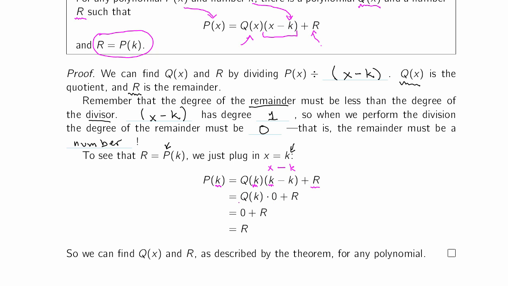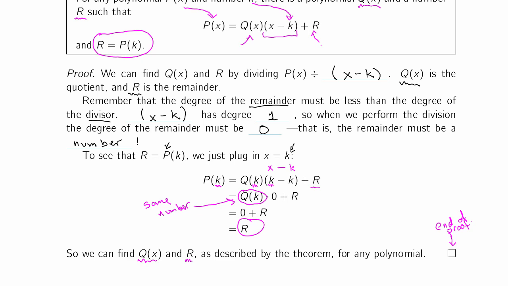So whatever q of k is, some number, we have some number times 0 plus r. Well, any number times 0 is 0. So we just have 0 plus r, which is r. So that shows us that if we have any polynomial and any number, we can find the q of x, another polynomial, and the r, just the way the theorem says. So this little box shows the end of a proof.